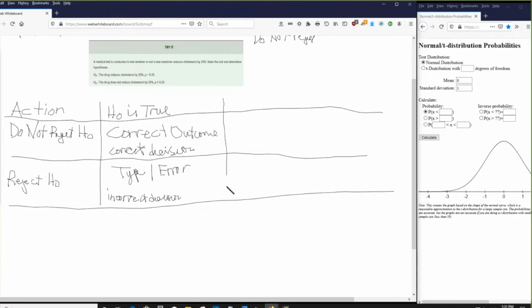Now, if we have the opposite and the null hypothesis is actually false, and I choose not to reject the null hypothesis, then I will have what is called a type 2 error. This also means I made an incorrect decision.